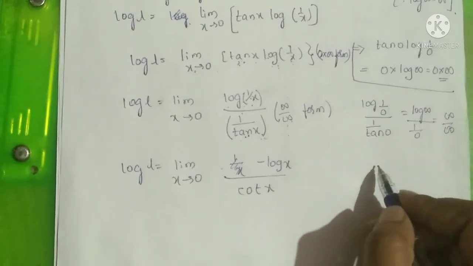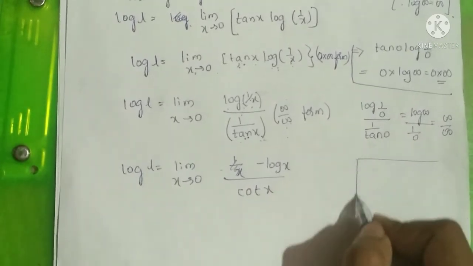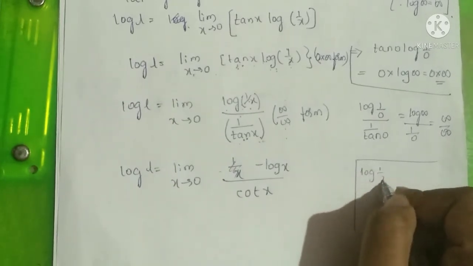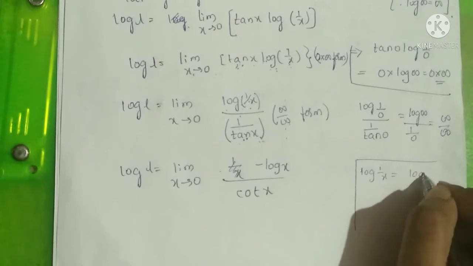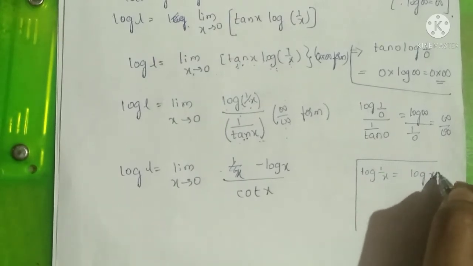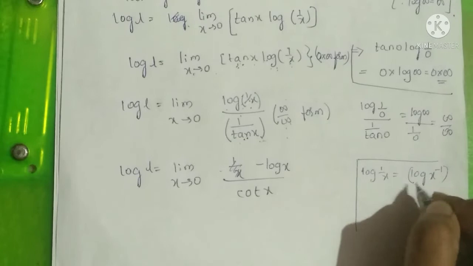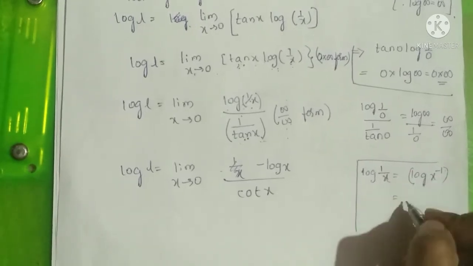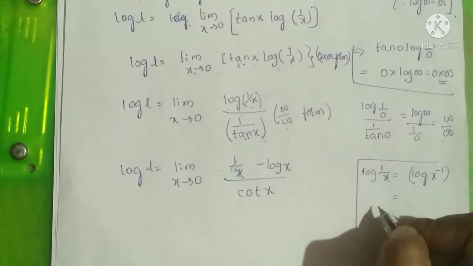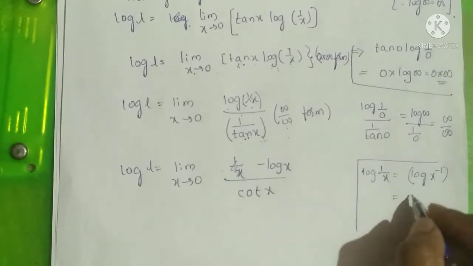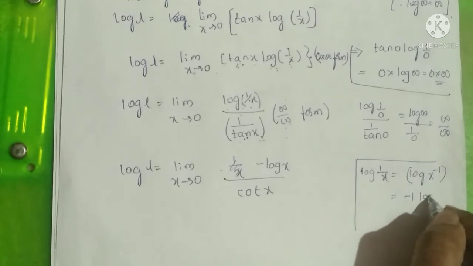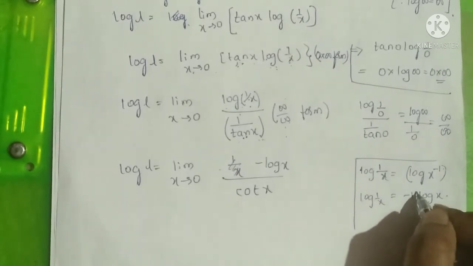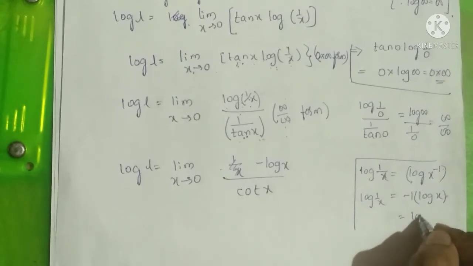How do you get log 1 by x as minus log x? Observe here. Log 1 by x can be written as log of x to the power of minus 1, since 1 by x is x to the power of minus 1. When you have a power inside the log, it can be shifted to the front: minus 1 into log x.